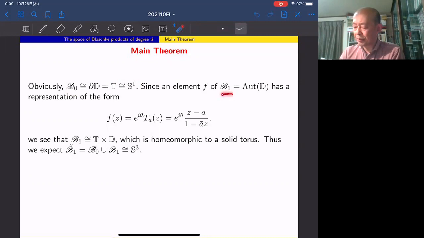B1 is just the set of disk automorphisms, and each member of this class has the following expression. Therefore, each function may be parameterized by a unimodular constant and some point A in the unit disk. So roughly speaking, this space is the same as this product, the unit circle times the unit disk. Therefore, this is topologically a solid torus.